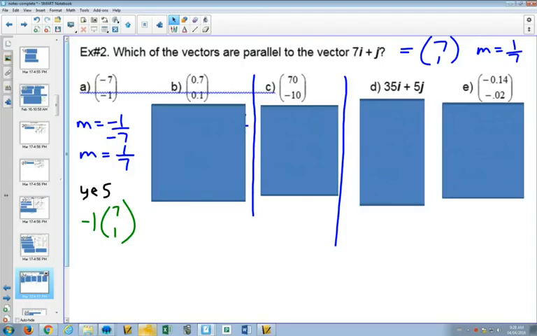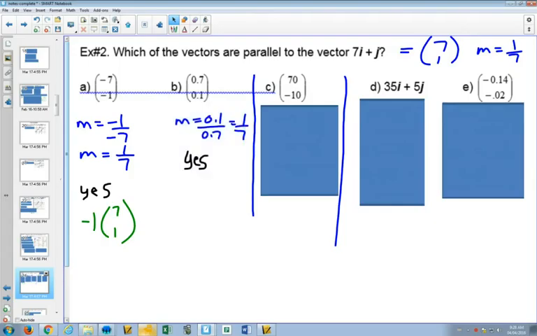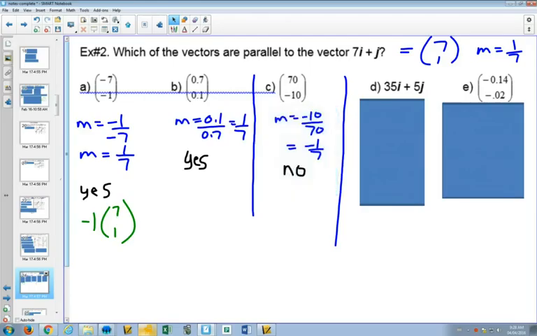And that's doing your rise over run, which is your y over your x. So you can do that with each of these. So the second one will be the same. The third one has the 1/7, but it's negative. So it's not going to be parallel.